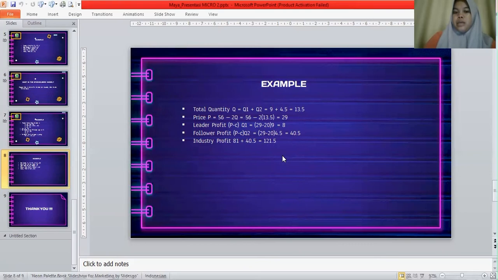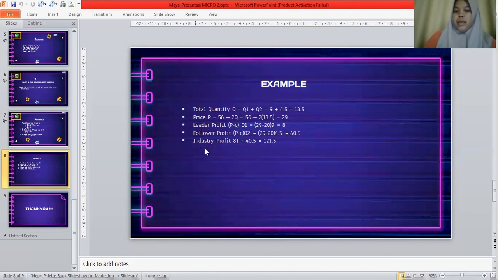The price P equals 56 minus 2Q equals 56 minus 2 times 13.5 equals 29. And the follower profit (P minus C) times Q2 equals (29 minus 20) times 4.5 equals 40.5.